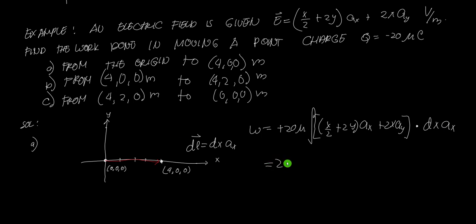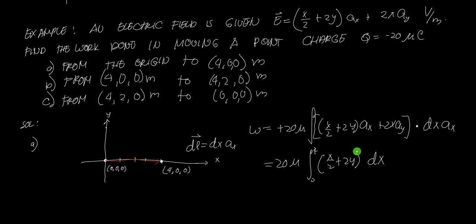So this will be 20 micro times the integral of (x/2 + 2y) dx. What will be our limit? Because we're integrating with respect to x, and we start at the origin towards this point, it will be from 0 to 4.